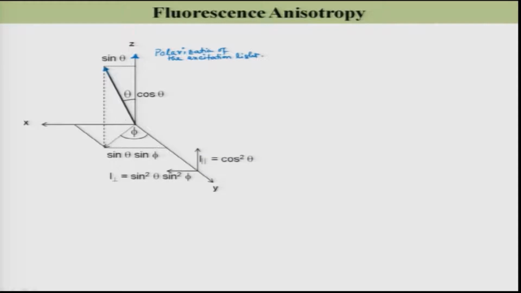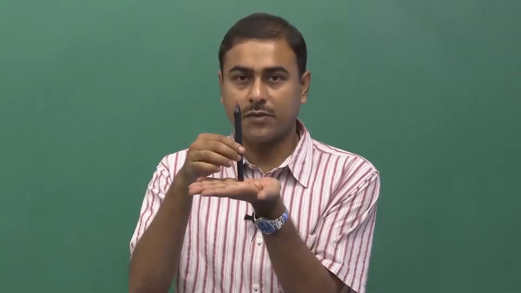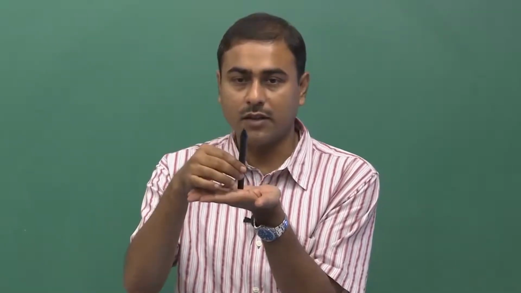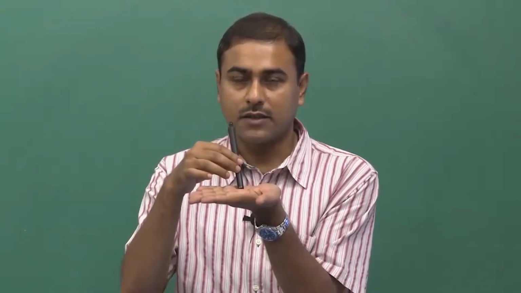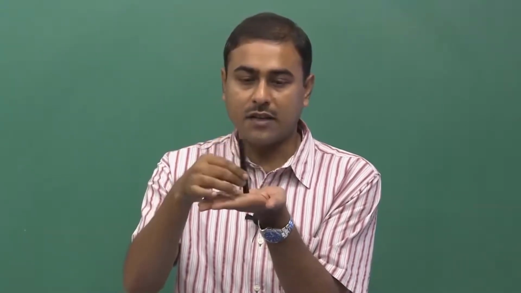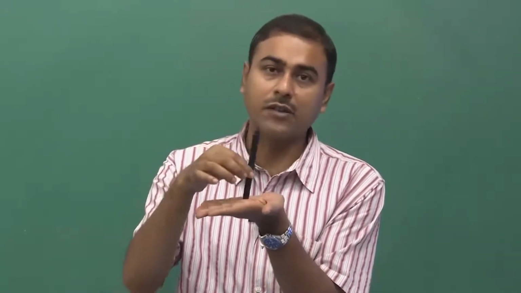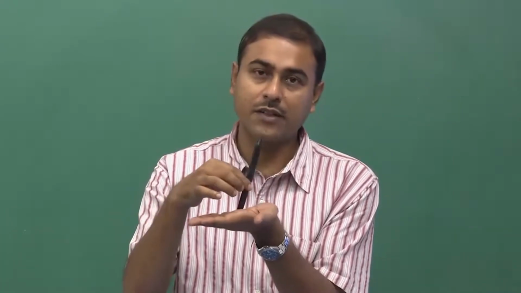But the molecule can rotate from here to this side as well as from here to this side. In all the cases the angle is theta. That means I need to worry about all these different angles for a fixed value of theta. If I assign this angle as phi, then the value of phi should be 0 to 2 pi. That is what I have written over here.